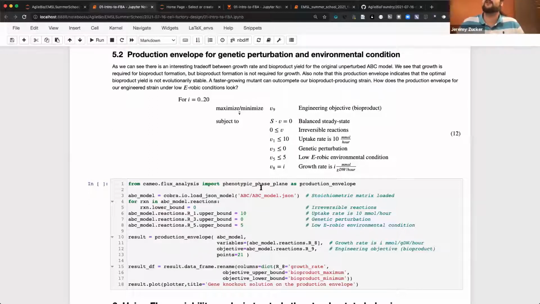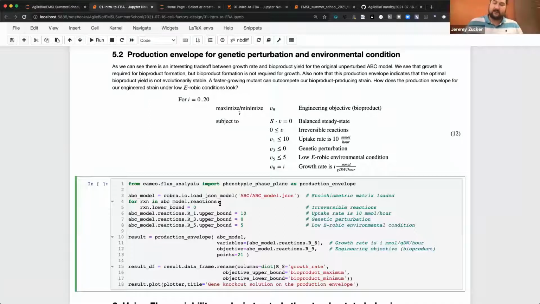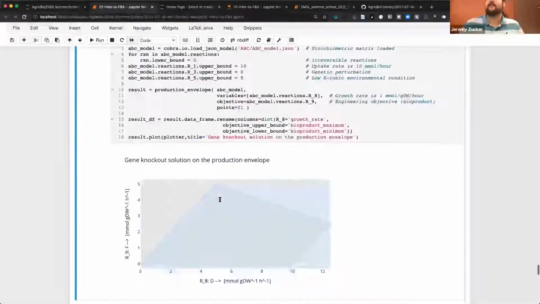So how does the production envelope for our engineered strain under low aerobic conditions look? Now we're going to fix V5 to be 5. We're going to set V3 to be 0, that's our genetic perturbation. Then we're going to run the production envelope on that strain and see how it fares.